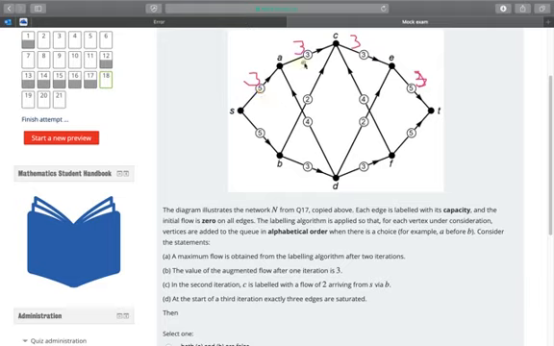So in particular, this edge is now saturated, and this edge is saturated. So now we can say at this point that the value of the augmented flow after one iteration is 3. That is correct. It started as 0. It has become 3. So statement B is in fact correct.